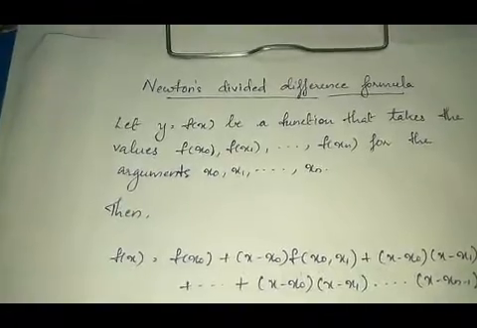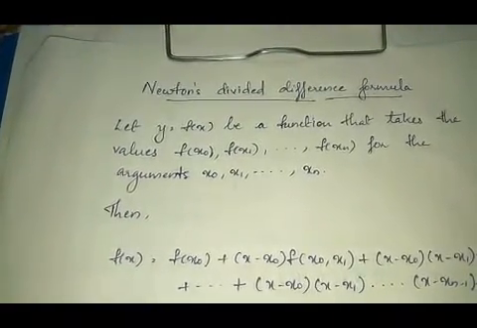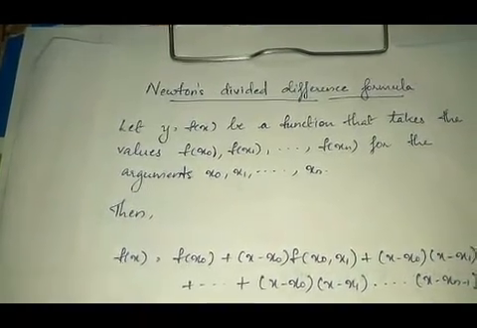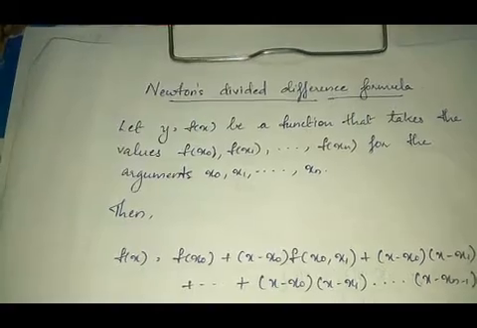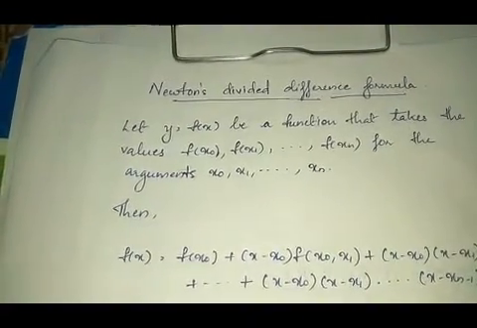Consider the function y equal to f of x, which takes the values f of x0, f of x1, etc. till f of xn for the arguments x0, x1, etc. till xn, which are at unequal intervals.